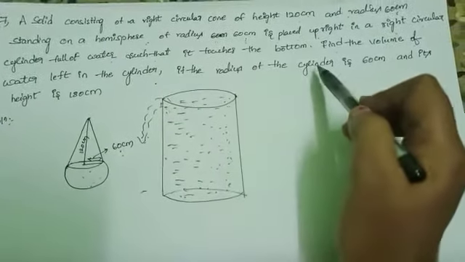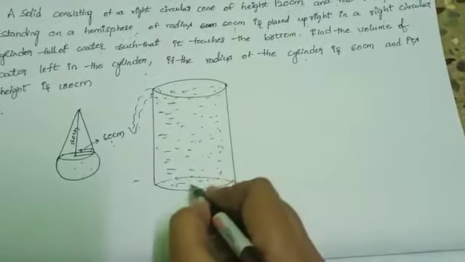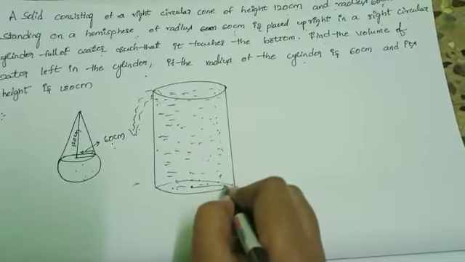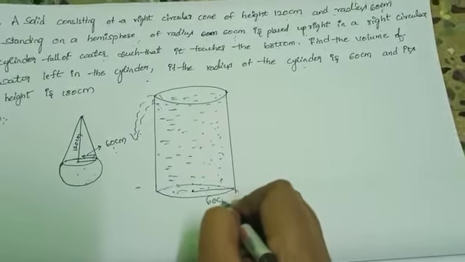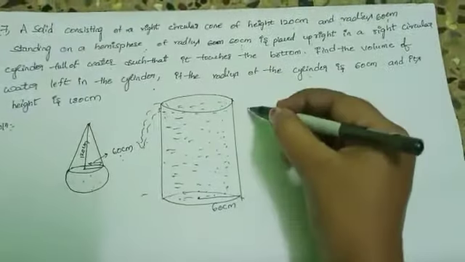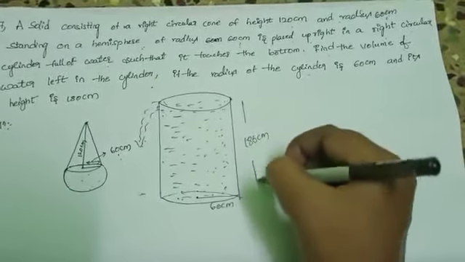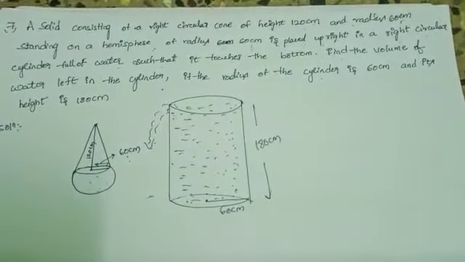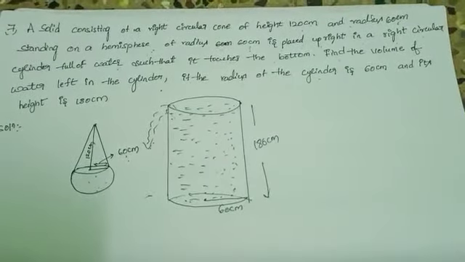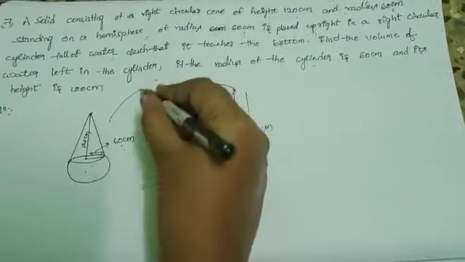If the radius of cylinder is 60 centimeter and its height is 180 centimeter. Solid placed into cylinder.